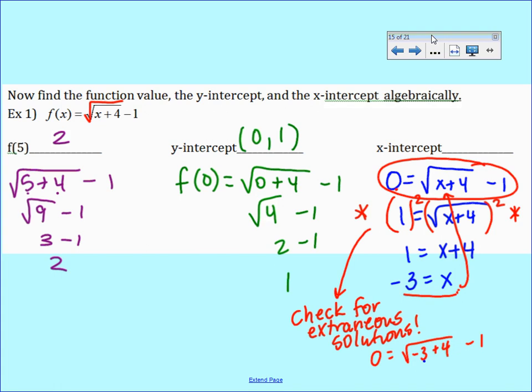Square root of 1 is? 1. Minus 1 is? 0. We're good. This one checks out. This one works. But you'll see ones in your homework and potentially on a quiz or test where it doesn't check out. Okay? Final answer, just negative 3? 0. Negative 3, comma 0. Good.